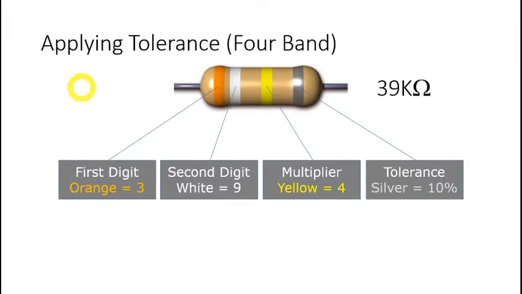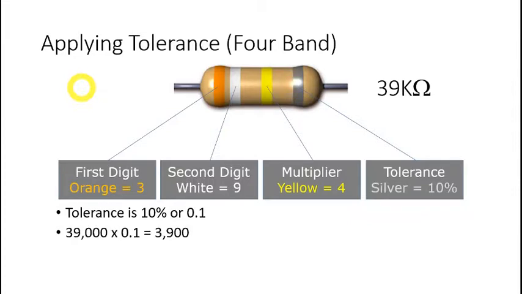So let's look at the tolerance band, and we need to apply that to this same resistor. So we have a tolerance band of 10% because it's silver. And so if our tolerance is 10%, the decimal equivalent of that is 0.1. So if I take my 0.1 and I multiply it times my nominal value of 39,000, I get 3,900.